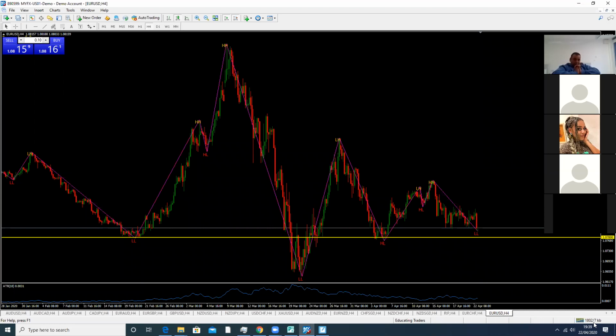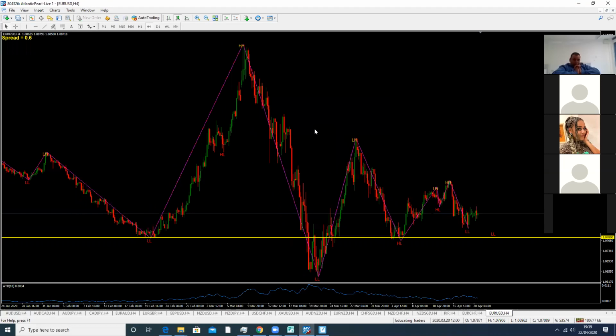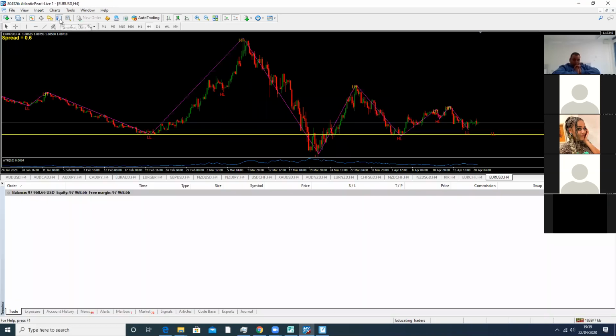I'll show you another account that I'm actually using as well. This guy contacted me and said he would like me to trade £100,000 for him. So he's given me this, a real account. But at the moment he's sort of failing.